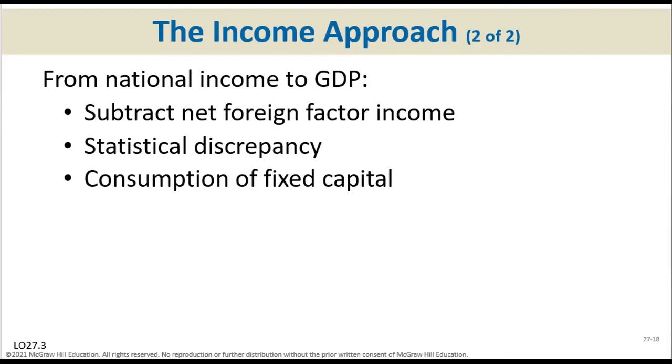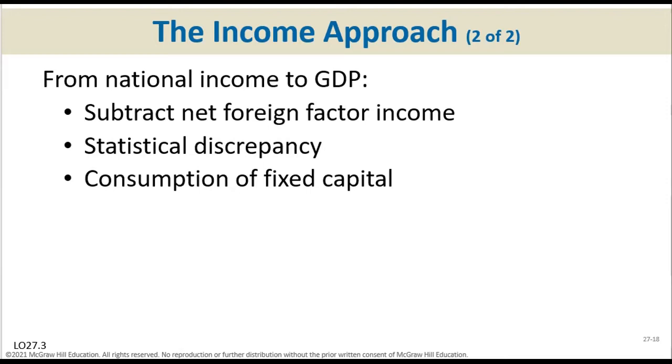The first adjustment is the net foreign factor income, which is the income Americans gain from supplying resources abroad, and with that, we're also going to take out the income that America pays to foreigners for getting resources from abroad.